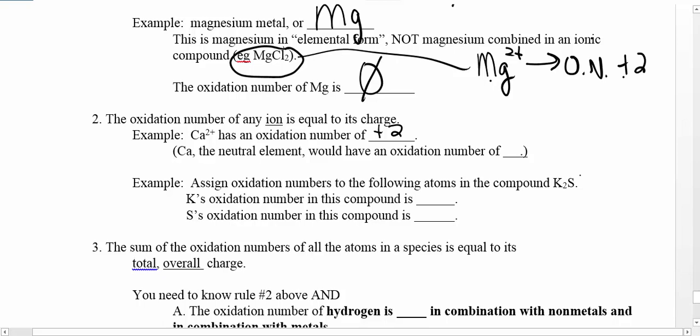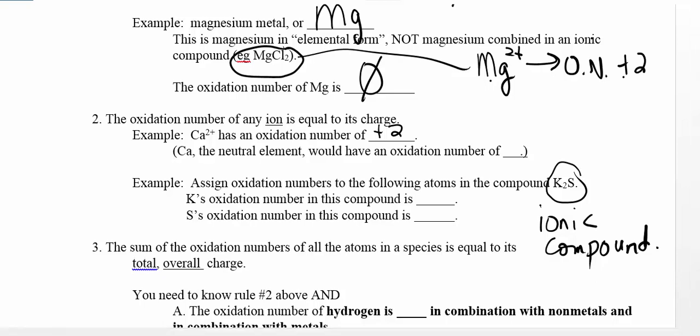If I did K2S, this is an ionic compound. Metal, non-metal. As soon as you see an ionic compound, you have to think to yourself, ions. Things with charge. So what is K's charge? +1.